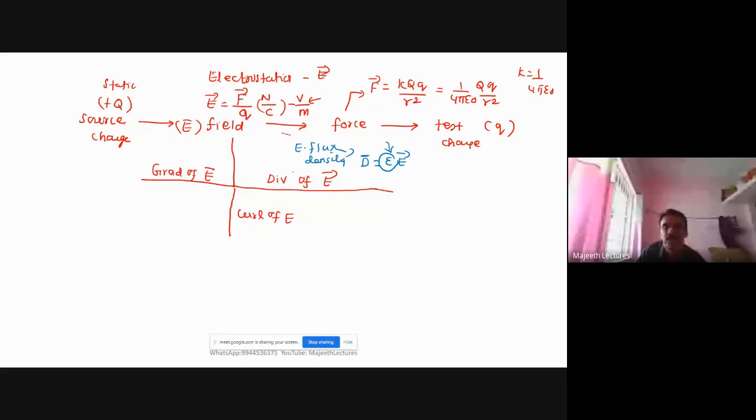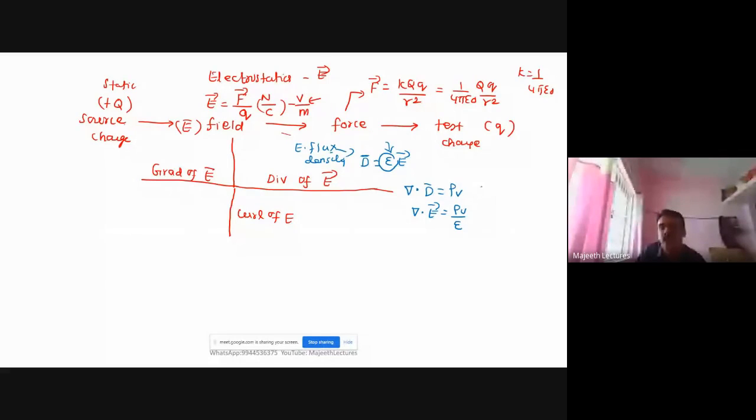So divergence of D is given by del dot D is equal to rho V. Otherwise, del dot E is equal to rho V by epsilon, because D is equal to epsilon E; epsilon I bring to this side.